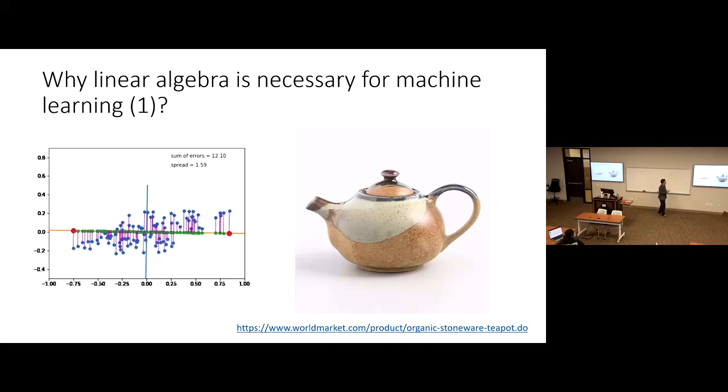So I show you this teapot. We are going to use this as an example. PCA tries to find an angle to visualize your object. So this object is 3D. But if you only take one picture of this 3D object, then you have to very carefully select the angle from which you take this picture.